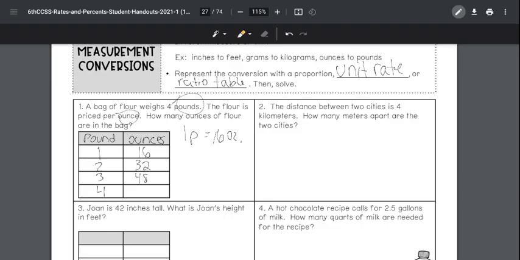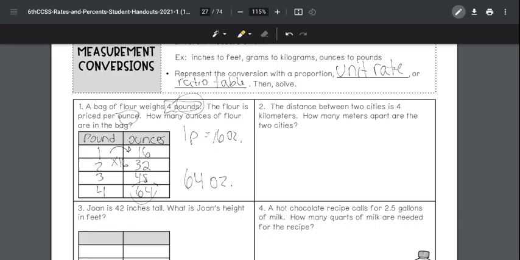And 4 pounds is 64 ounces. The pattern is to always multiply the number of pounds times 16. Okay? So when the question says how many ounces of flour are in this 4-pound bag, we know our answer is 64 ounces.